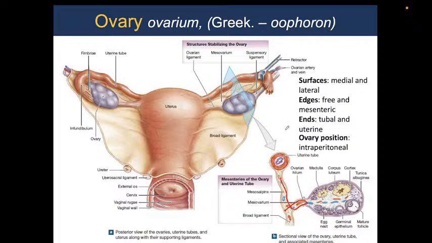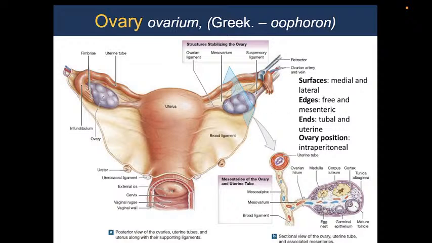And regarding the location in the pelvis, we distinguish two surfaces, medial and lateral, of the ovary, then two edges. This is a free and a mesenteric edge. This is the mesenteric edge, and this is the free edge. I hope you understand why such names. And two ends.